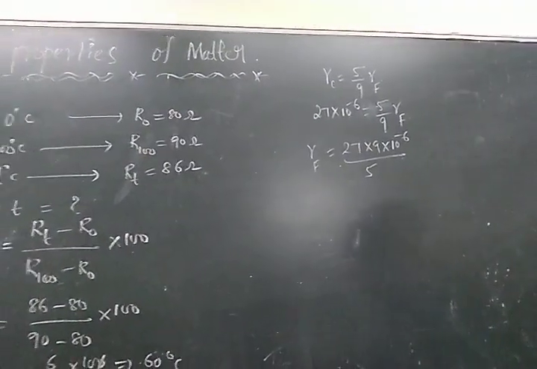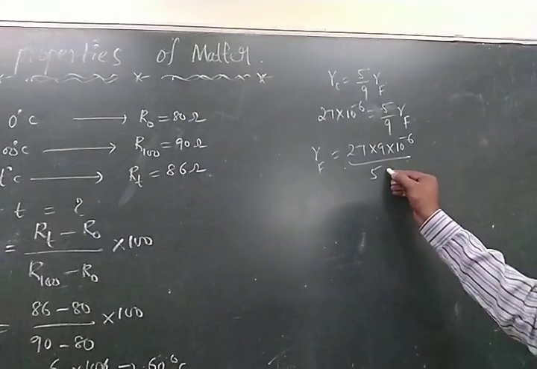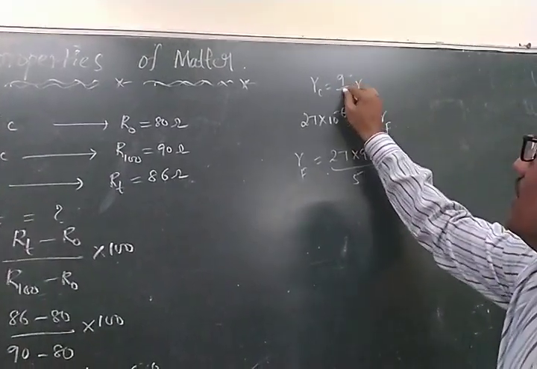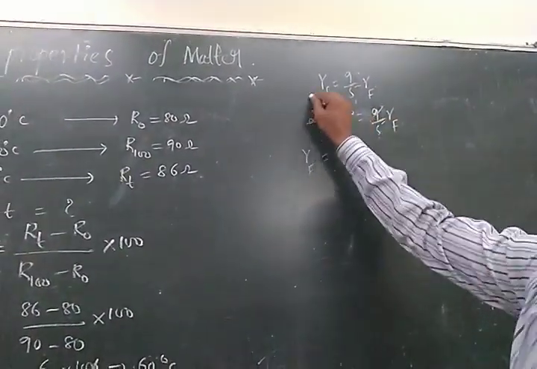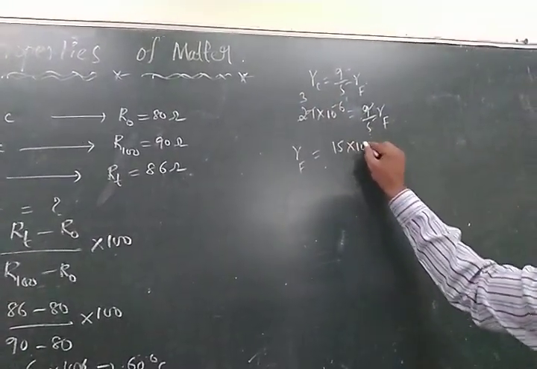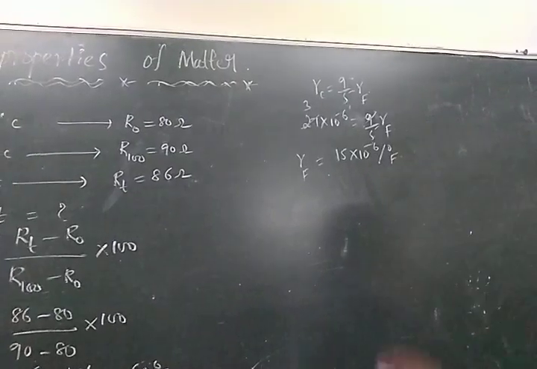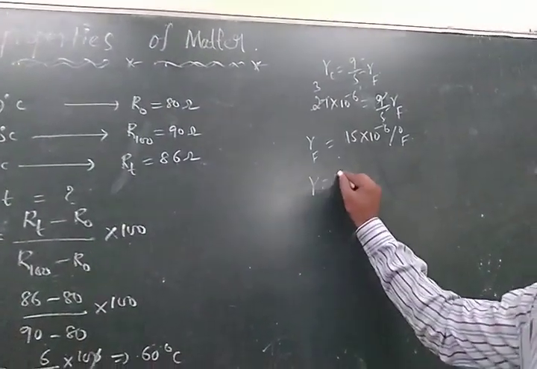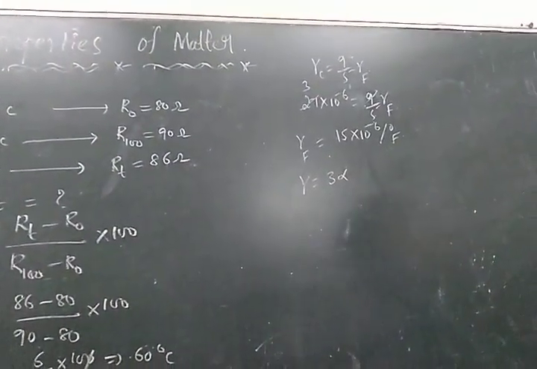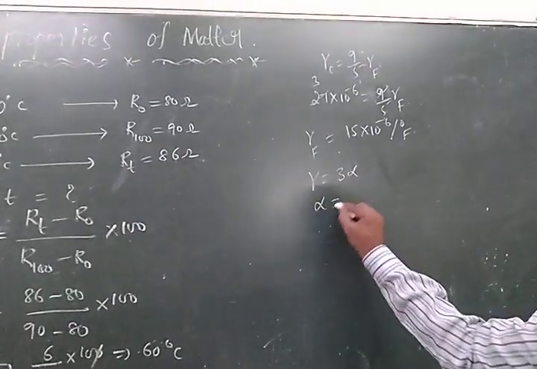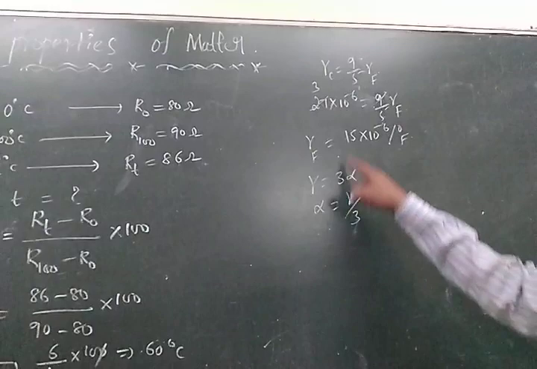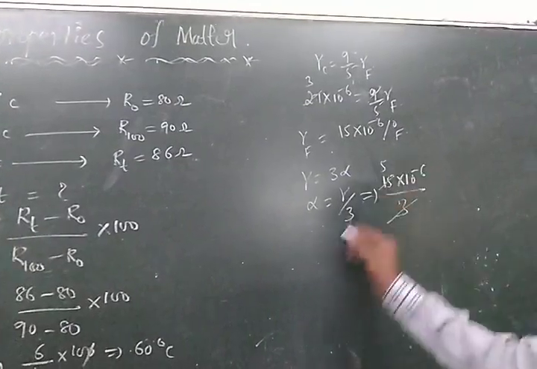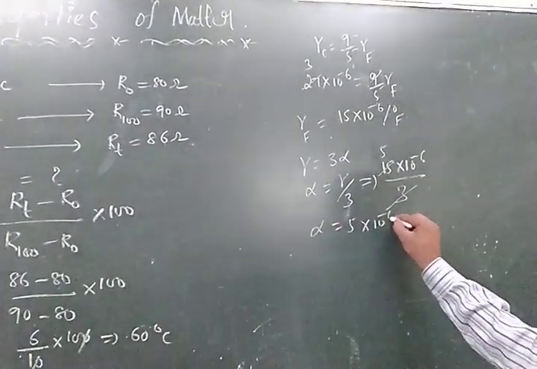This is the cubical coefficient, but we can find the coefficient of linear expansion: gamma = 3 alpha, so alpha = gamma/3. That is 15 × 10^-6 divided by 3, cancelling gives 5, so alpha = 5 × 10^-6 per degree Fahrenheit.